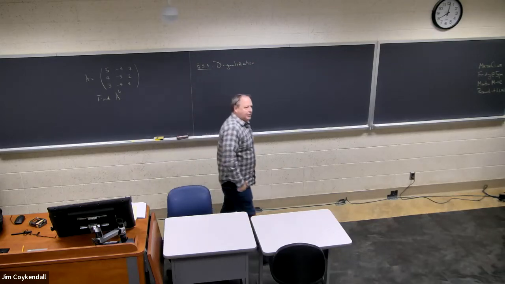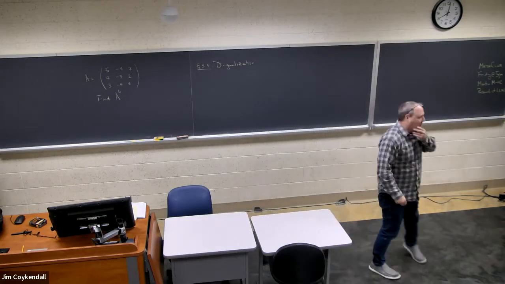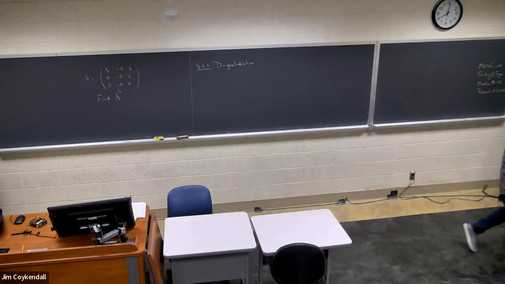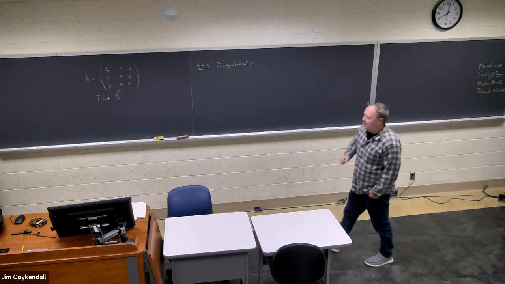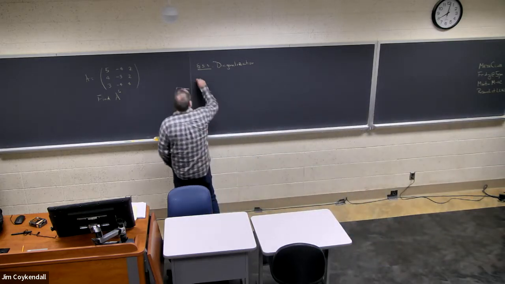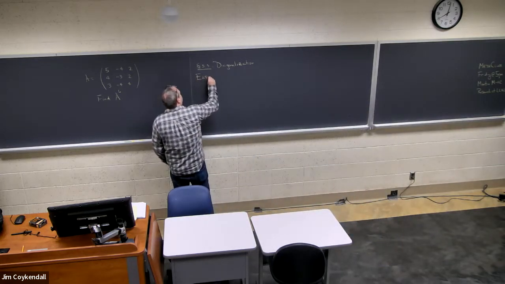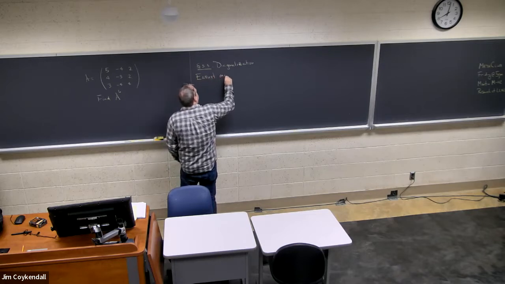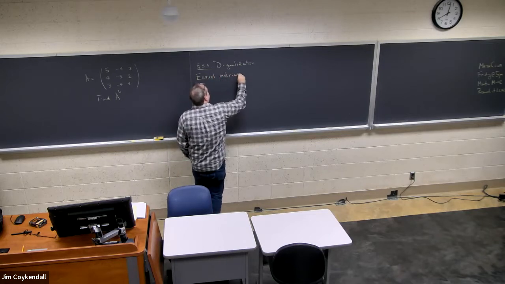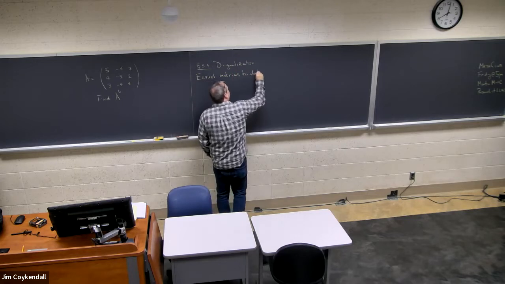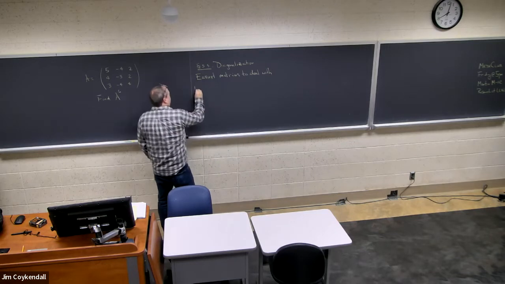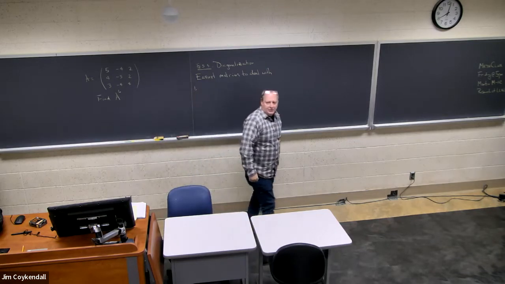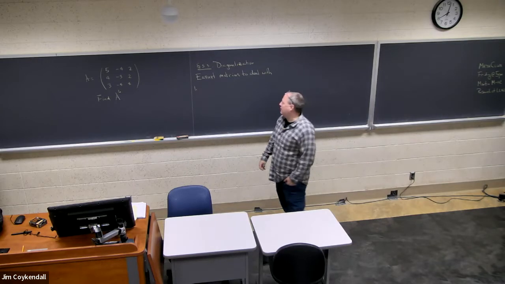We're going to talk about matrices that can be diagonalized, and I'll be precise about what that means. But first, let me point out the easiest matrices in the world to deal with. The very easiest matrices are the scalar matrices.